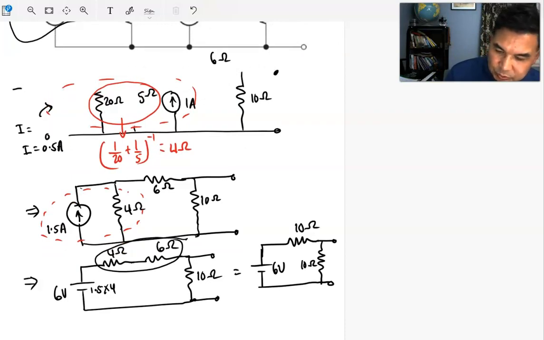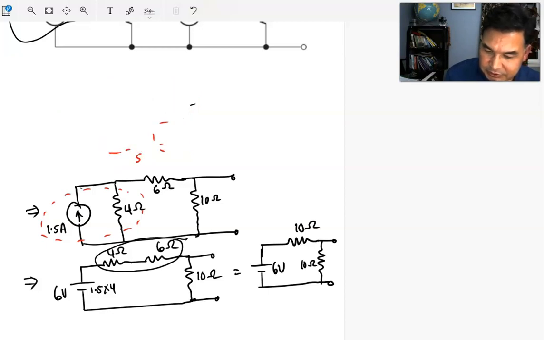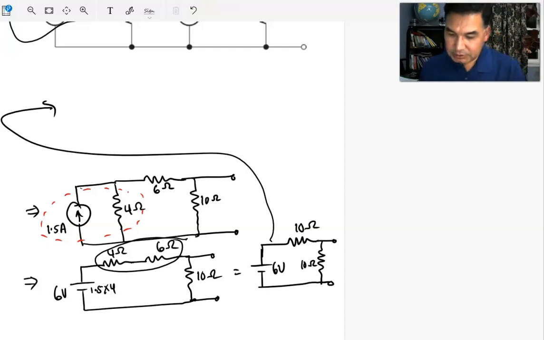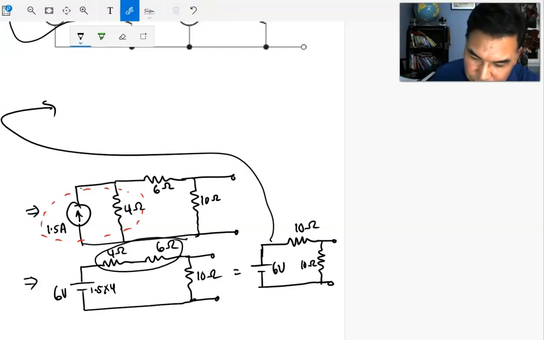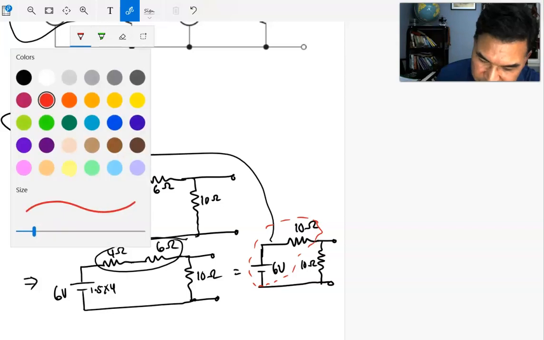So keep doing the source conversion unless you get a single voltage source with a single series resistor. Just keep doing this source conversion. Source conversion is a very useful idea. So now again, I'm going to do one more source conversion, between the 6 volt and 6 ohm.